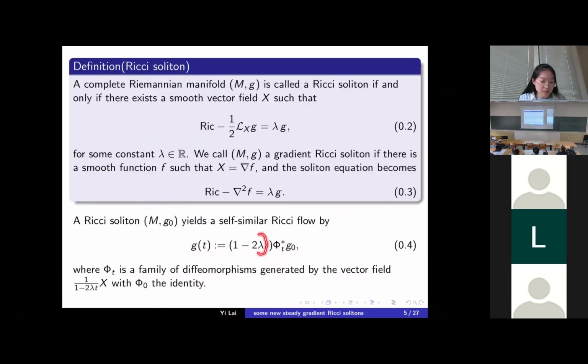And if lambda is positive, then your solution is defined for all negative times, and you get an ancient Ricci flow. And if lambda is smaller than 0, then your flow is only defined for all positive times, and that is an immortal Ricci flow.